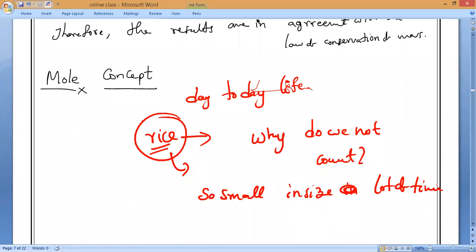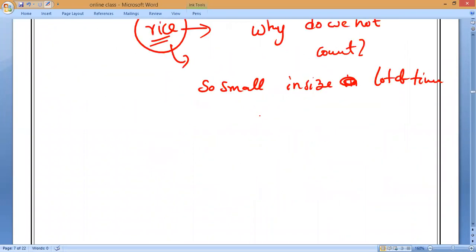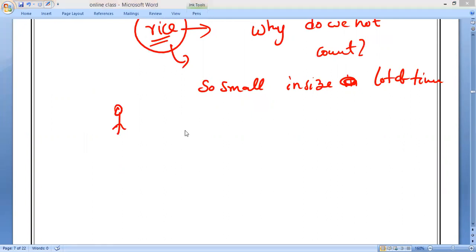So suppose Mitakshri is having bananas as well as rice. If somebody asks for bananas, she can count and give. But suppose Harish goes and asks, give me 1,000 rice grains. Is it possible to give, Mitakshri?